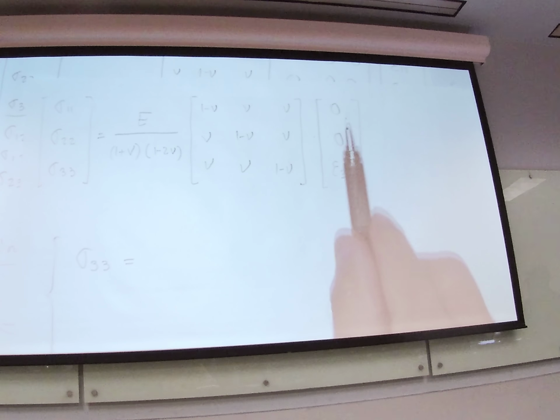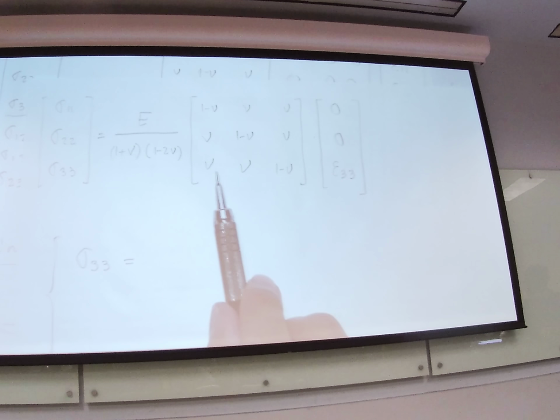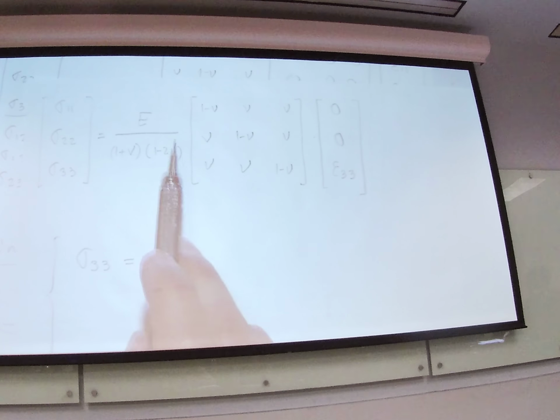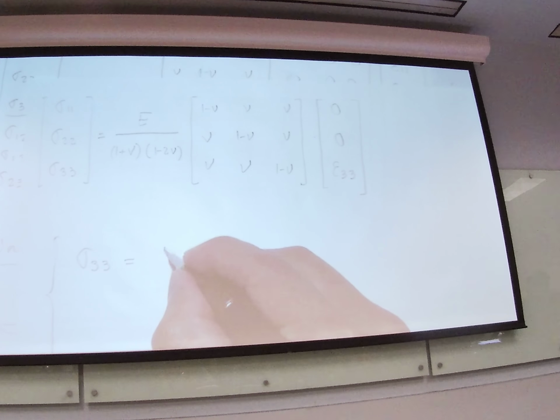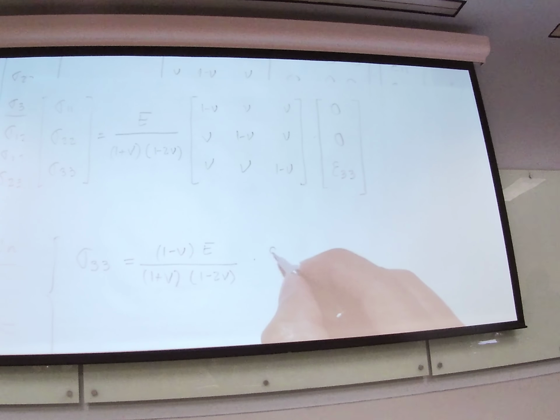So notice that these are zeros, so these two are not going to get into the equation. It's going to be simply this number times that number times that, right? And this is going to be equal to this divided by that times epsilon 3,3.